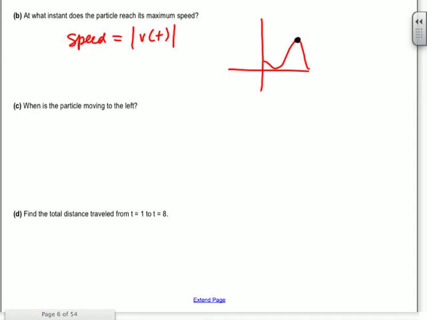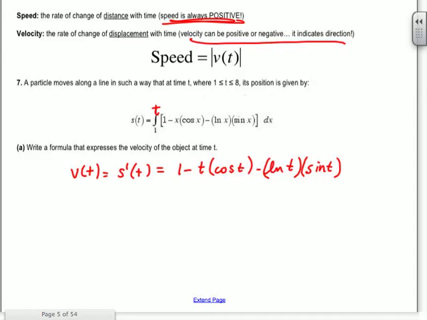So get on the left of that maximum, get on the right. I put the absolute value of what we just found. So I put absolute value 1 minus x cosine of x, like that. That's what I put in. Is that what you tried to put in?